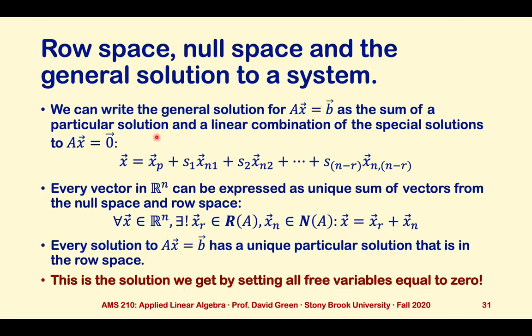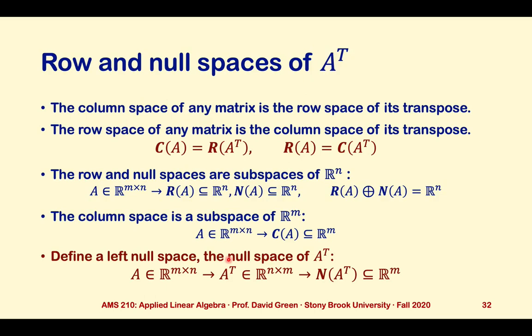So this gives a framing for why we would want to develop that particular solution. It wasn't only that it was easy to get by looking at the augmented matrix directly, it's also that it has a particular conceptual relevance as the solution that is in the row space. All right.